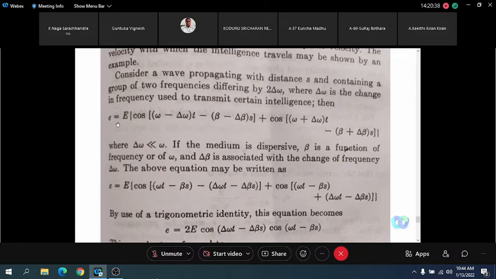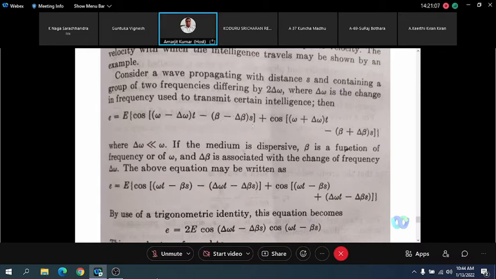So how to write then this voltage? The voltage will be equal to E into cos, because we have two frequencies, omega t minus beta s, you know this. So basically omega 1 is equal to omega minus delta omega, so cos omega 1 t minus beta 1 s, where beta 1 will be beta minus delta beta.